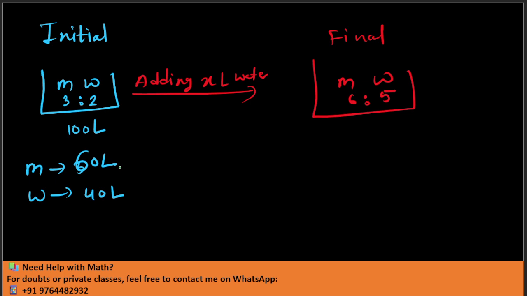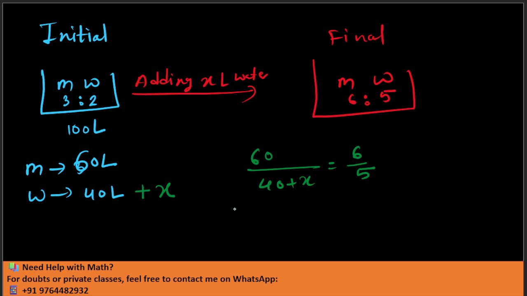So what we can do here is, I have 60 liter of milk and 40 liter of water, and here I add x liter to the water. If I take the ratio, I get 6 is to 5. So let's take the ratio 60 upon 40 plus x, and this equals 6 by 5.